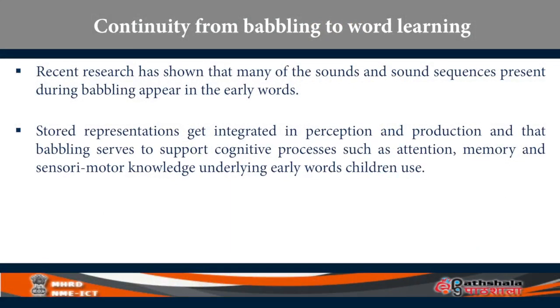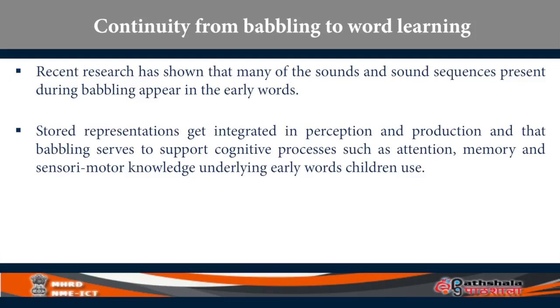In other words, the child's cognitive development, the development of speaking, is not only in terms of the way the child moves the lips or the tongue or the jaw or the articulators. The child's cognition is developing, memory is improving, attention is able to focus more as the child grows.